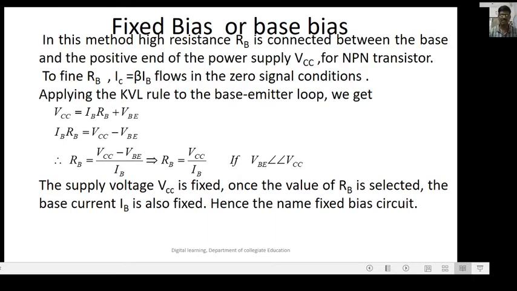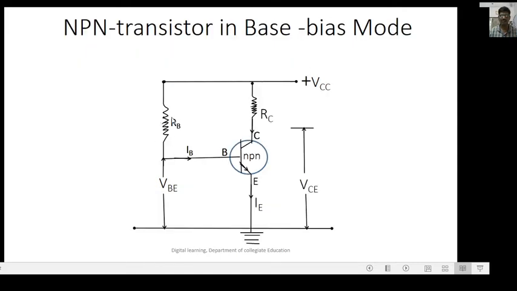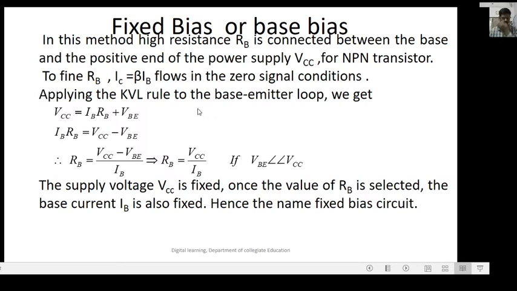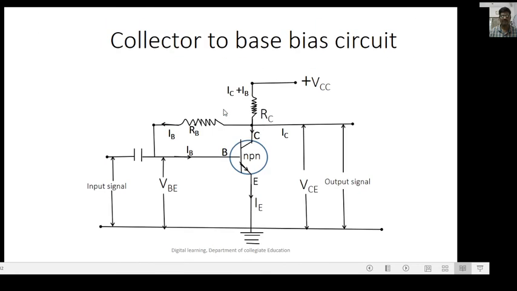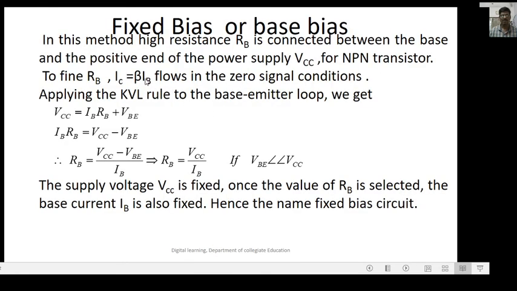In this method, a high resistance RB is connected between the base and the positive end of the power supply VCC. That means RB is connected between the base and the plus VCC of the power supply for an NPN transistor.